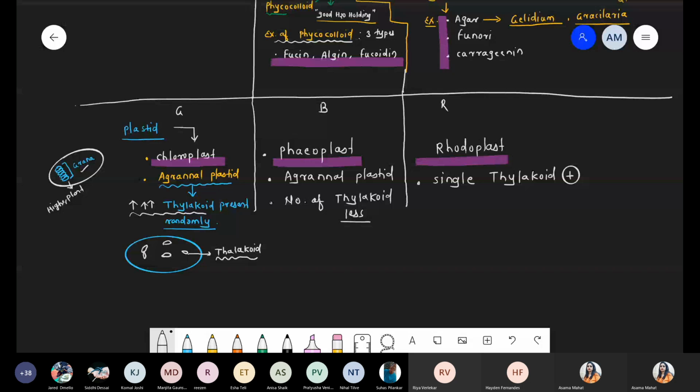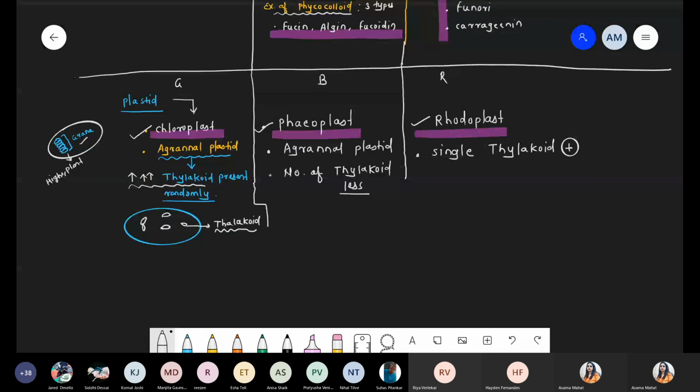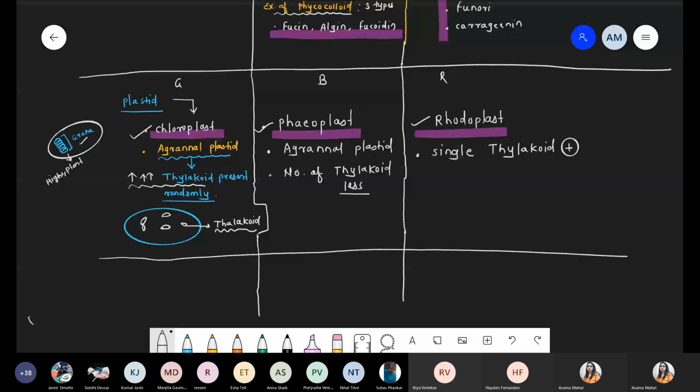It is for your understanding why this algae is divided into three parts. So this was the point with respect to plastid. Once you finish this point, tell me, the next point is our favorite part, pigments, which are present in all these three types of algae.